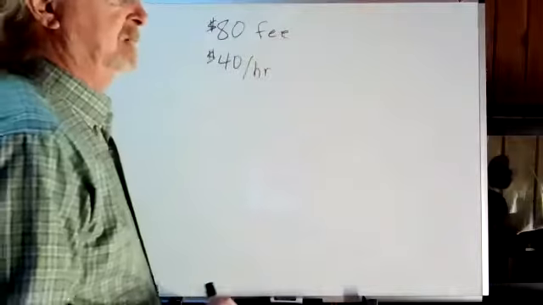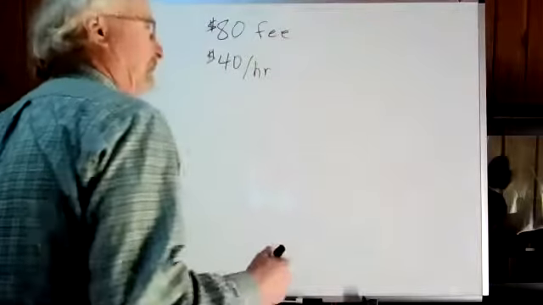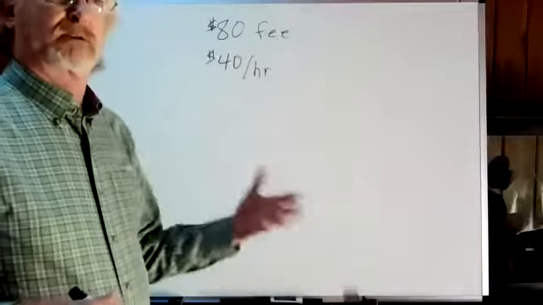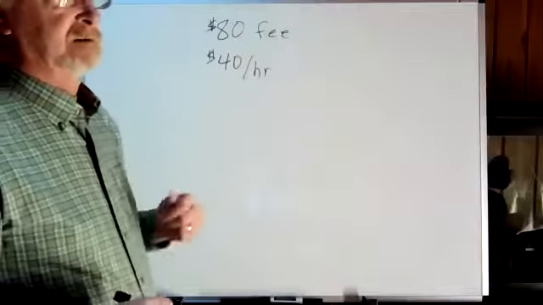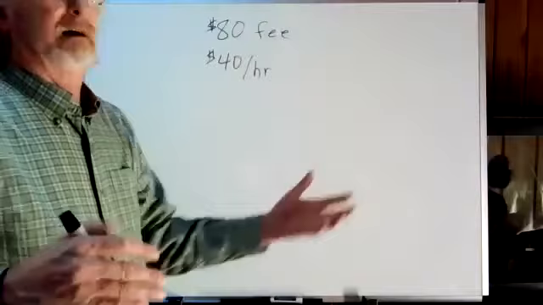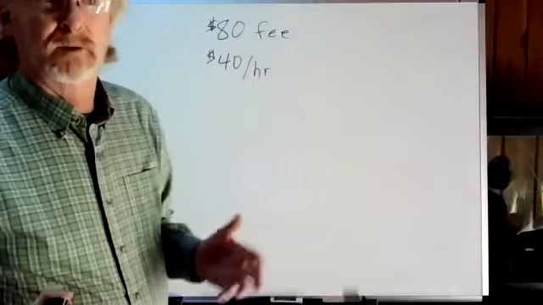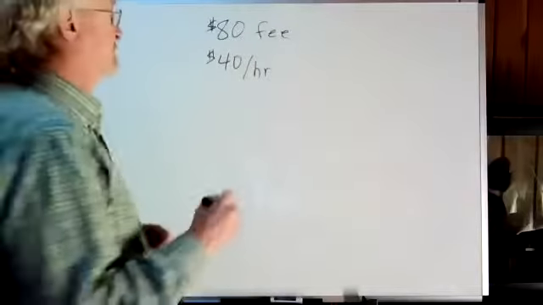Now, reality might be a little more complicated, parts and stuff like that. But then, how can we write an equation that would describe the cost of this plumber working for us when I don't quite know yet how many hours that person is going to work?